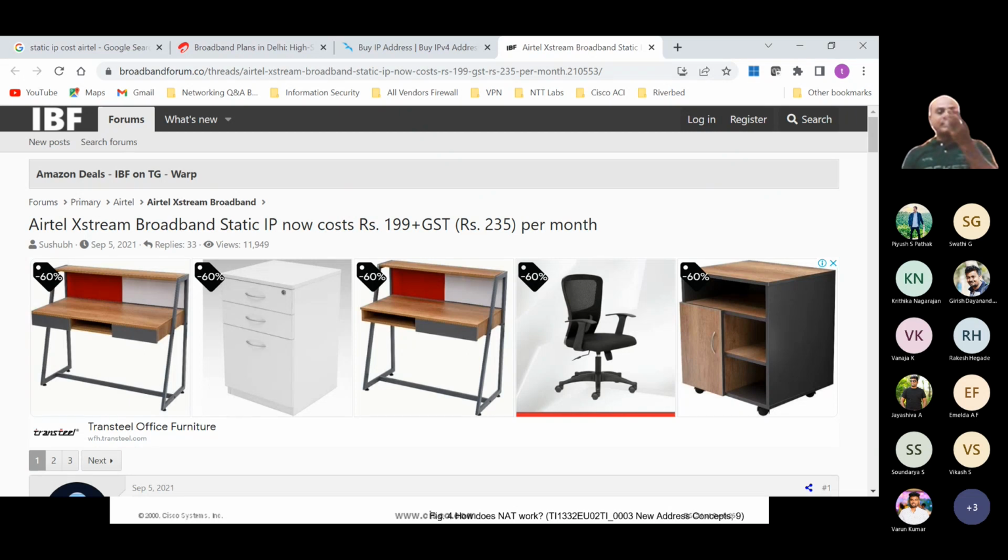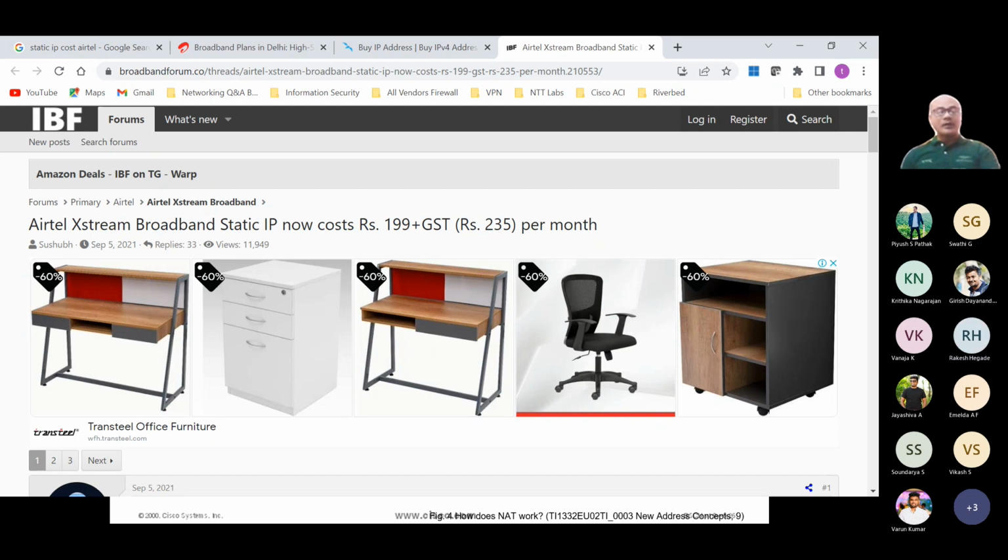If I pay this, they'll give some unique IP address, and that IP address is dedicated to me. I can use that IP address. If I take that, can I get internet access? No. I guess it should be no.